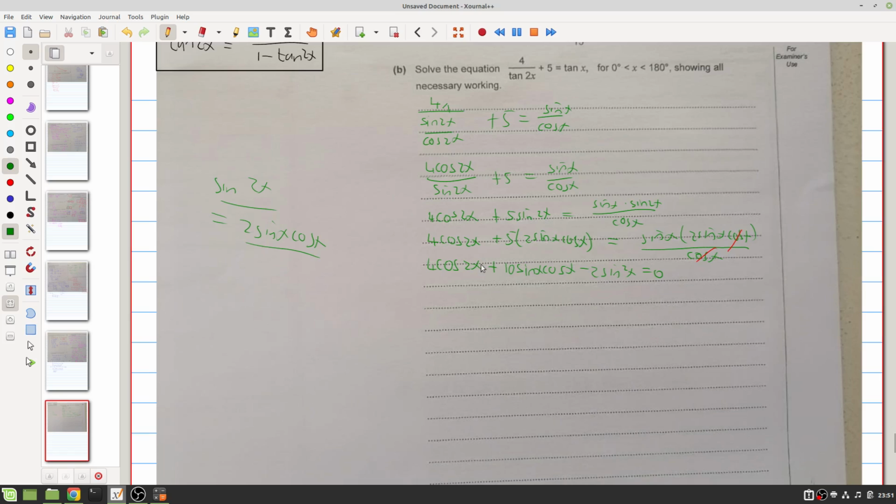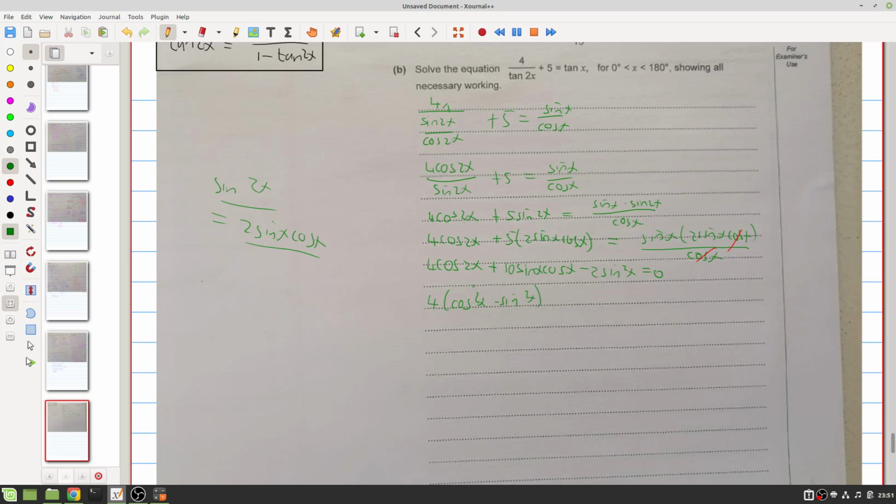Okay, so now we want to change the cos 2x into something. So I'm going to actually, let me think here. Yeah, let's change. Okay, now yeah, see, this is not difficult. I'm going to change this into cos squared minus sin squared. Okay, so 4, and then cos squared x minus sin squared x.